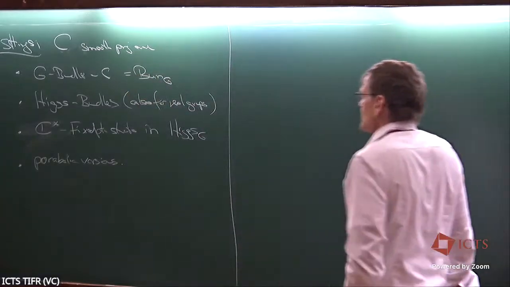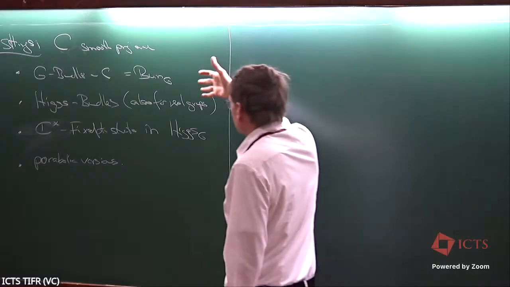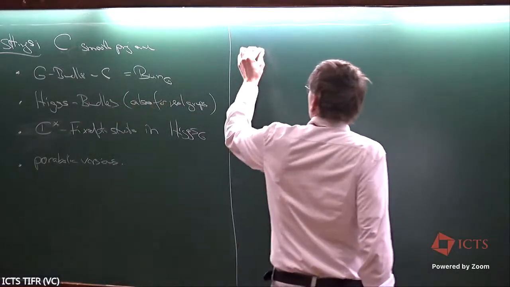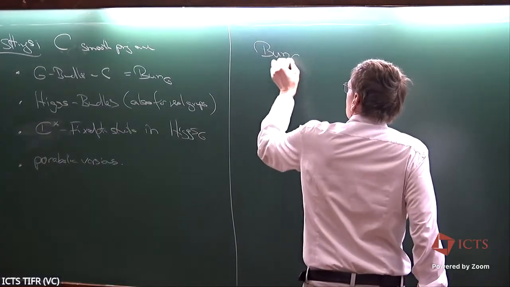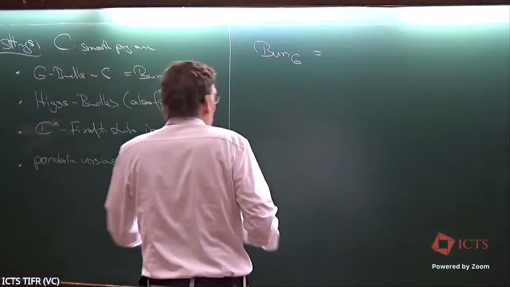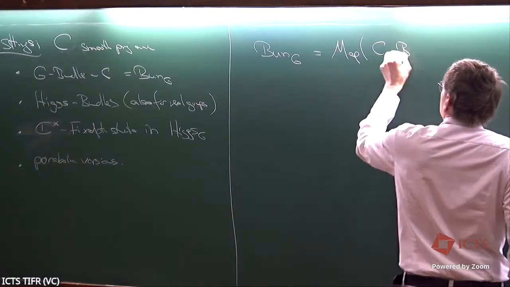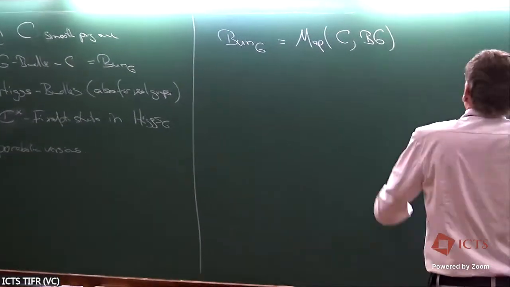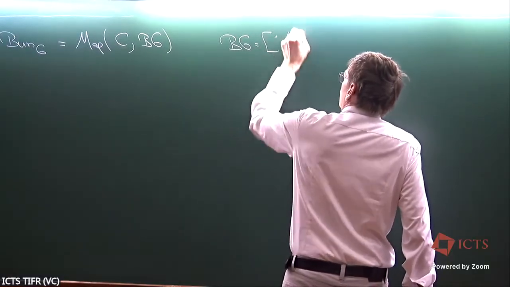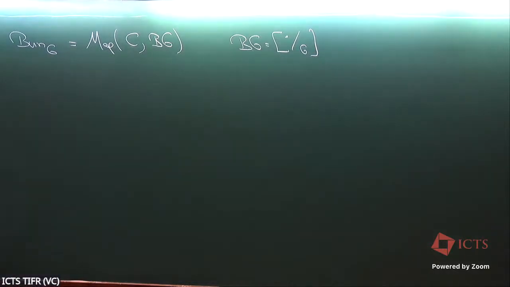If I write Bun_G, I think of the moduli of G-bundles on the curve, all of them. For me, it's an algebraic stack, but you can think in the language that you like. This can be written as maps from the curve into the classifying space.